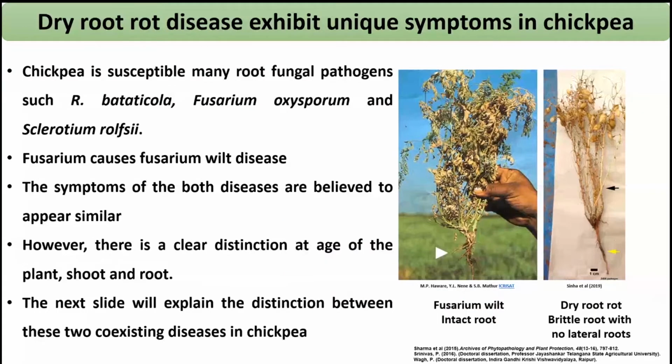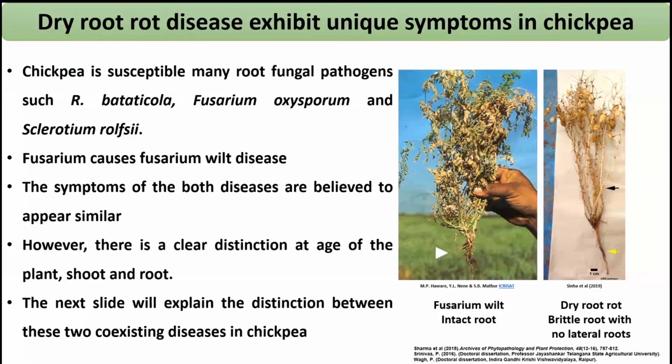Dry root rot disease exhibits unique symptoms in chickpea. Chickpea is susceptible to many root fungal pathogens such as Rhizoctonia bataticola, Fusarium oxysporum, and Sclerotium rolfsii. Generally, there is confusion in the disease symptom appearance between dry root rot disease and Fusarium wilt disease.